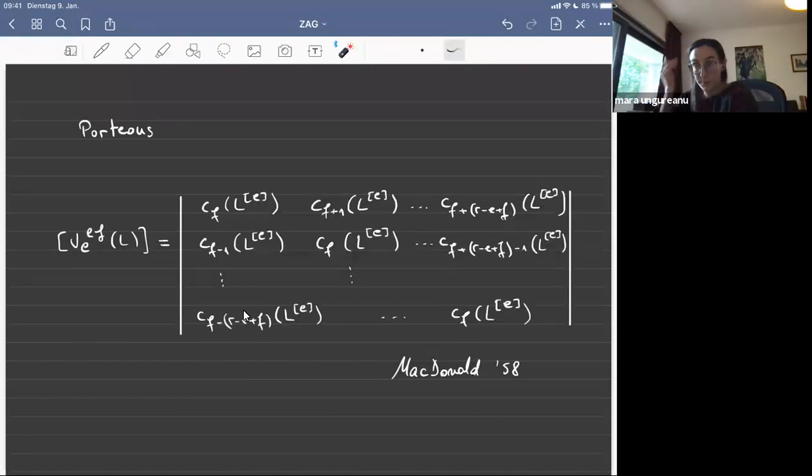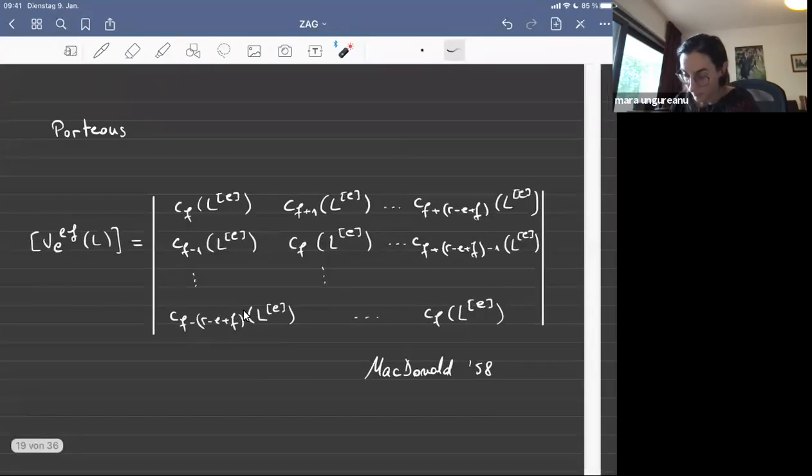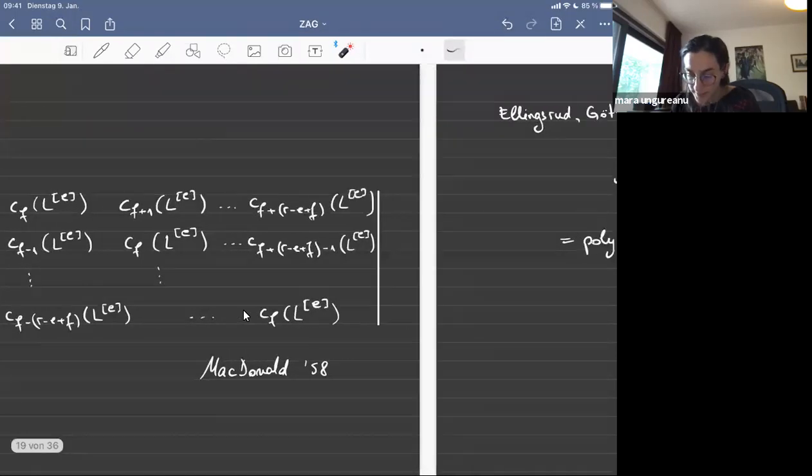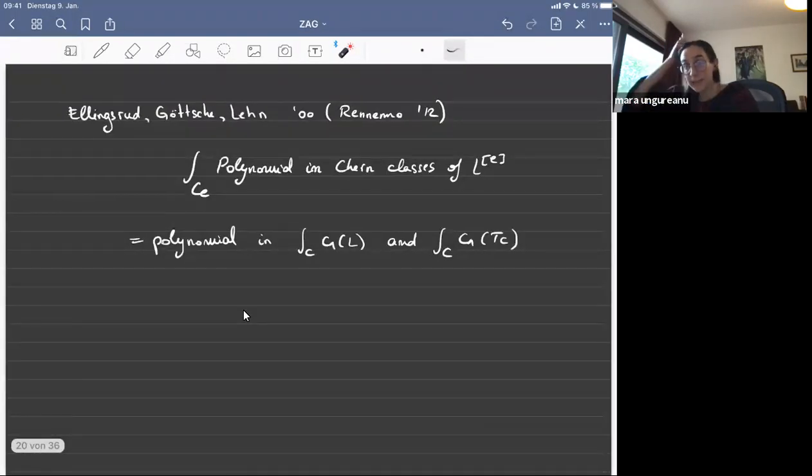Okay, so now MacDonald computed this and came up with a really impressive formula. But as I said before, it's a bit unwieldy. So we would like to understand a little bit the structure of this formula.